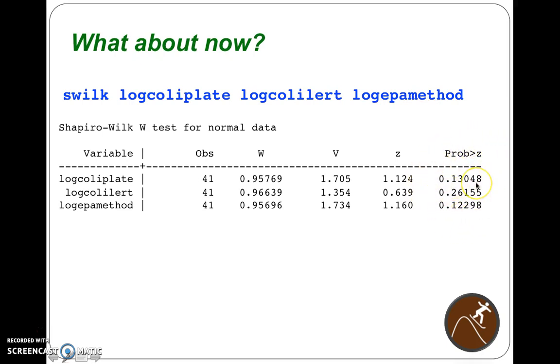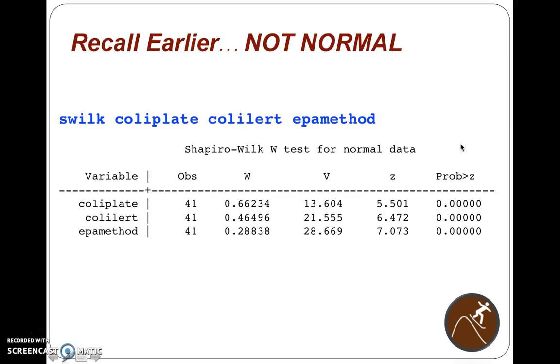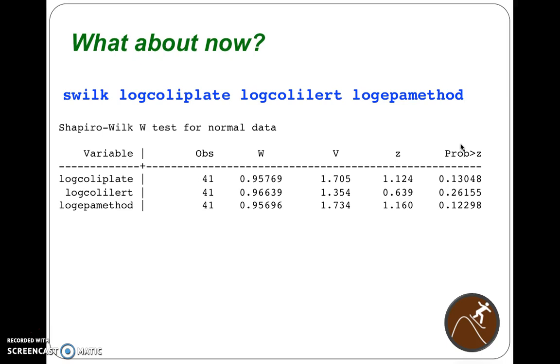Some of them are still maybe below the threshold some folks may use for a normality test, but for you all, we can say that the p-values are greater than 0.05, and we'll presume that the data meet the normal distribution. So big difference from that with those p-values to this.